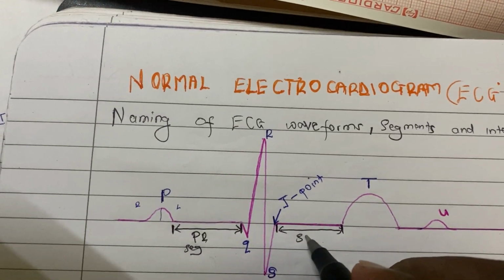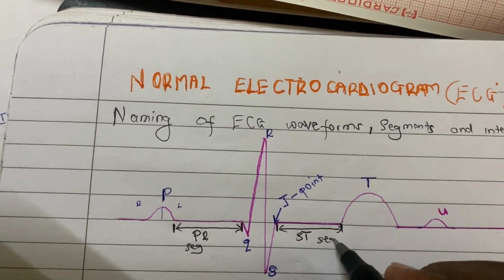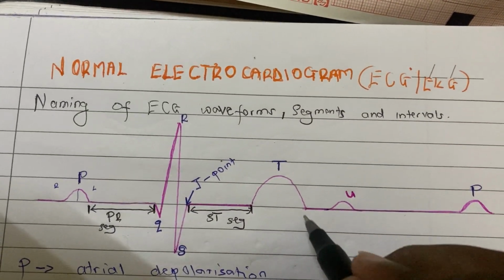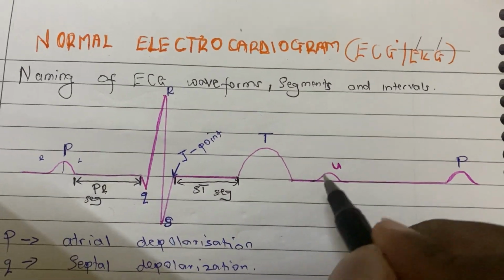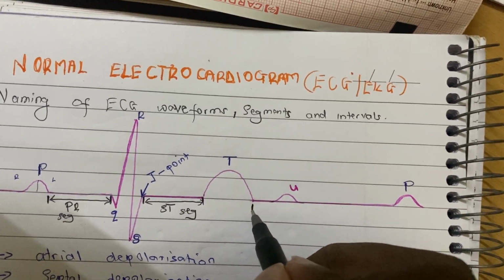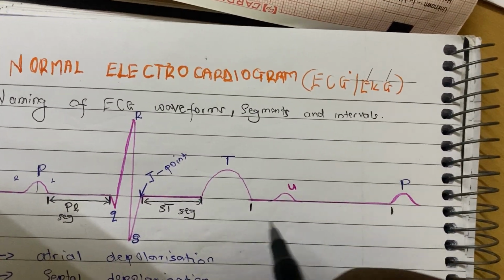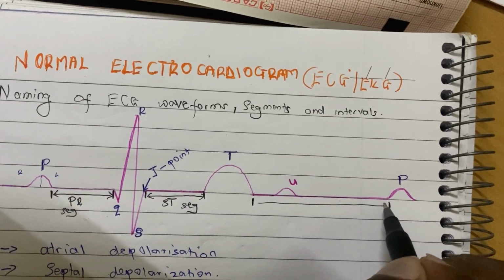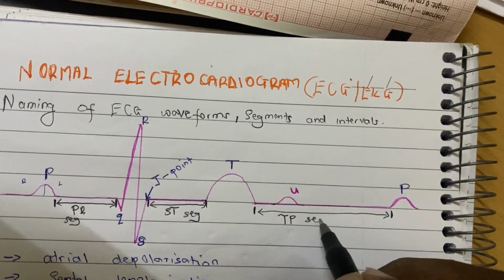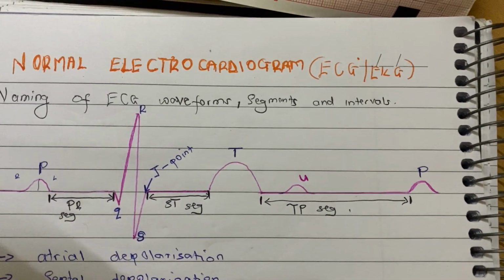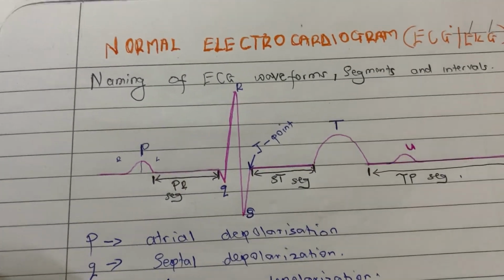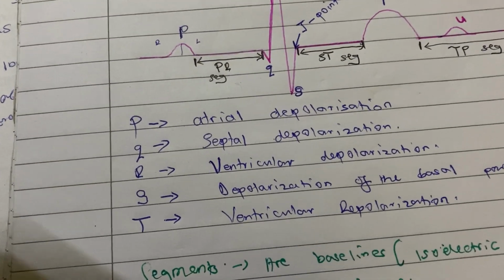We call it the ST segment. And then we have another segment. U is not always present, so I am not considering it. From the end of the T wave to the beginning of the next P is the TP segment. So first, here is the start. Here is the PR segment.